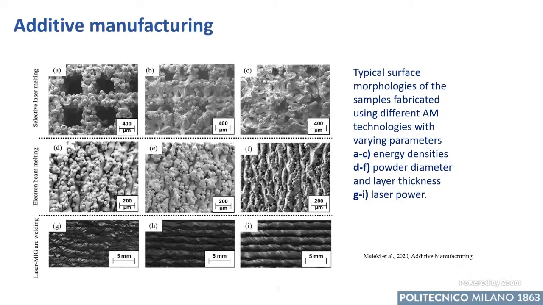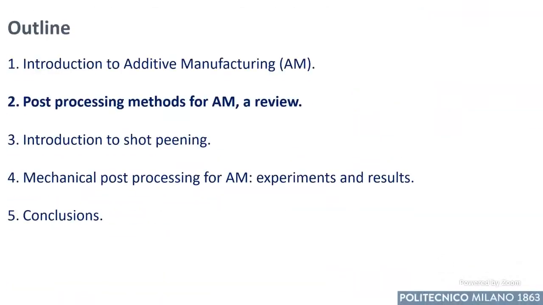But in any case, we see that the quality of the surface is not acceptable for most applications. If we look at the SLM, and vary the energy density, we have a different result. No matter what the energy density is, the result is not acceptable. And the same can be said for the other processes.